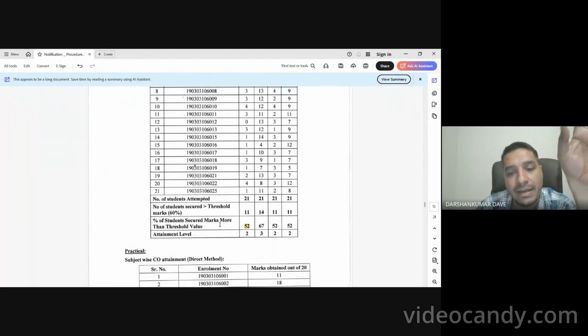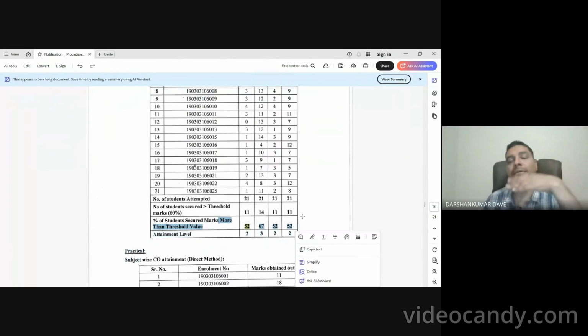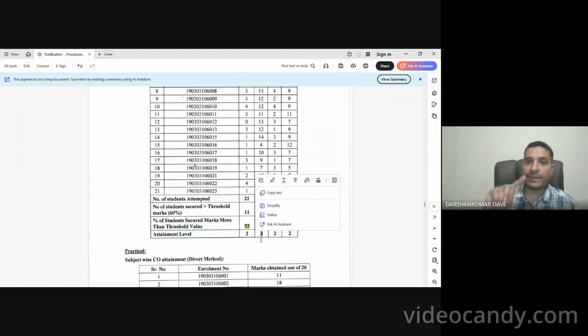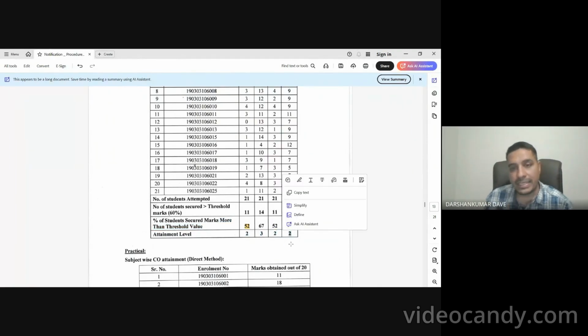So this criteria is different. Their criteria is different. It seems that they have decided that if 60% or more than 60% of students have attained the threshold value, we will give 3. That's why they have given 3 here. For 50 to 60, they have given 2, and so on. So this is depending on our choice.